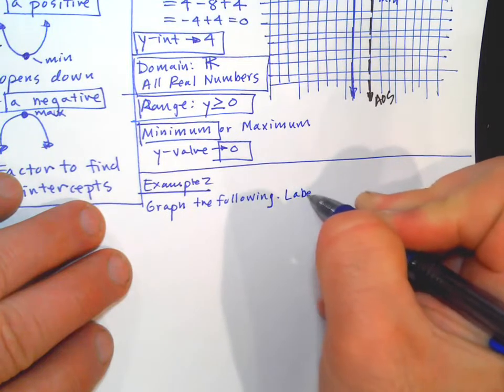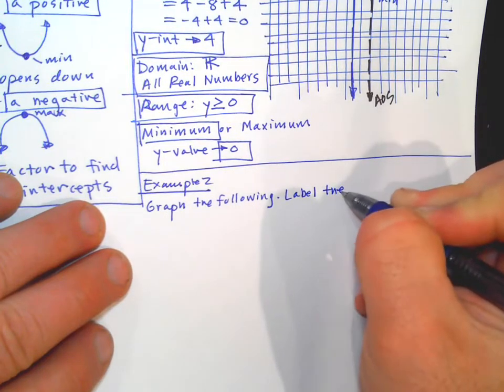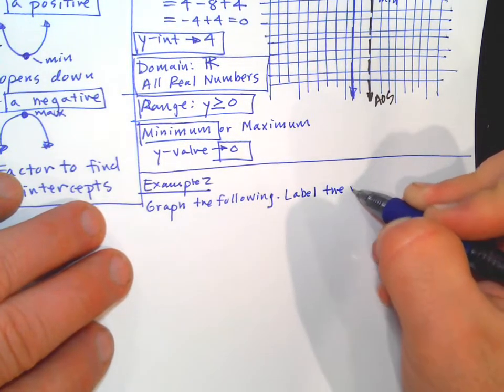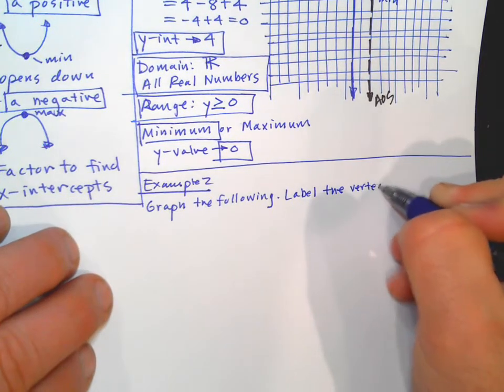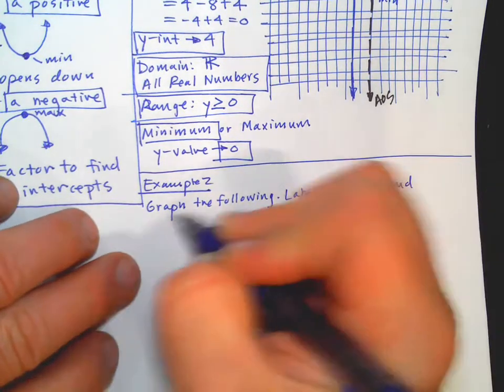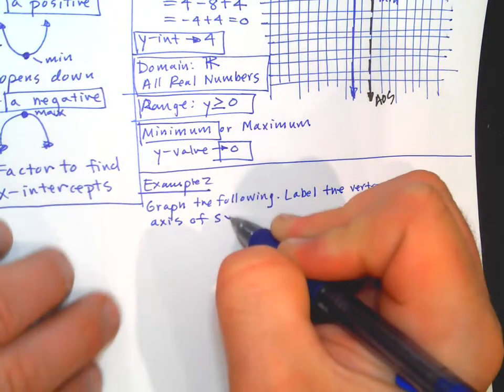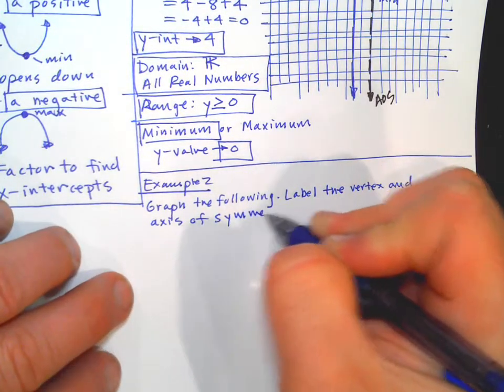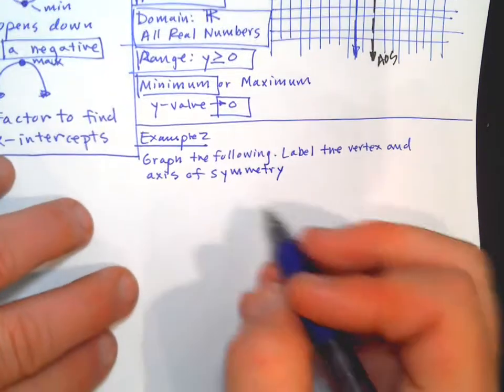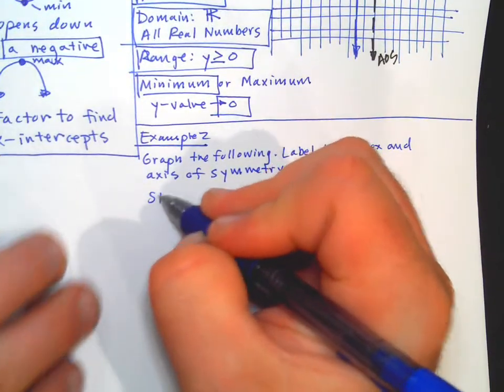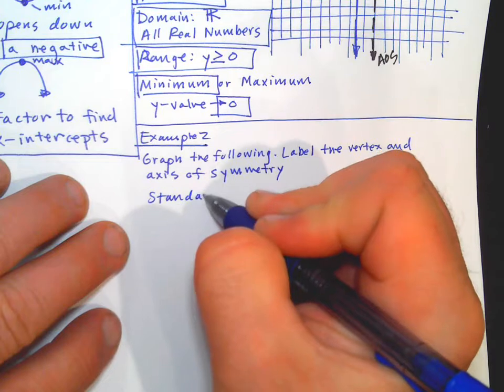Label the vertex and axis of symmetry. Okay. And the standard form is going to be given to us.